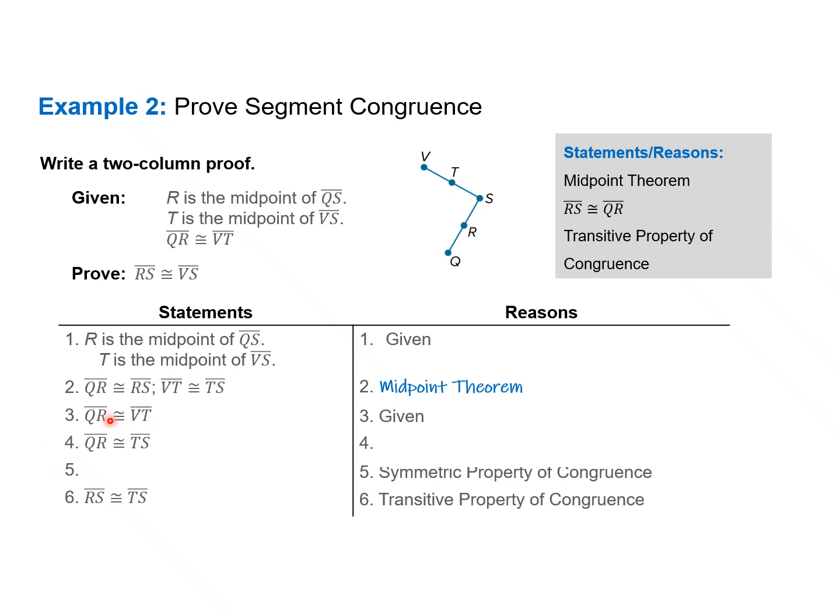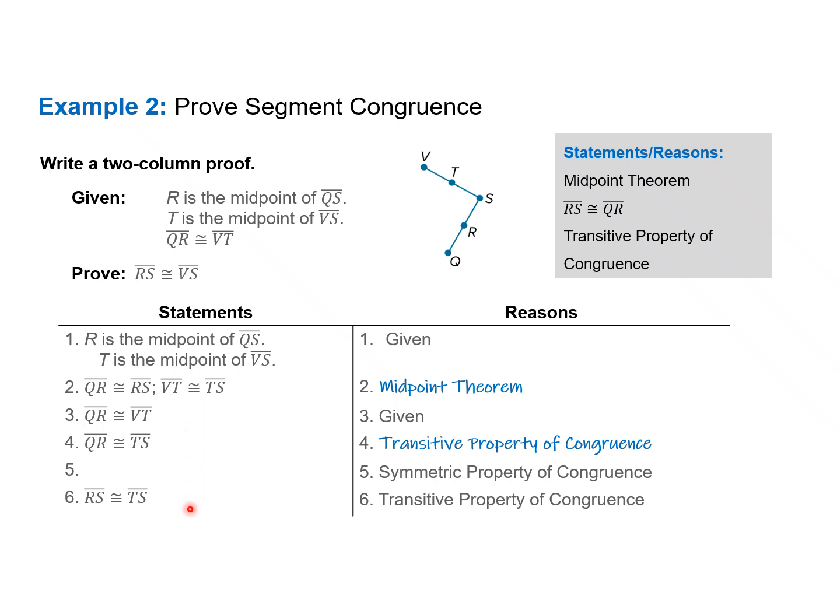Well, if we see here, VT is congruent to TS. And so therefore, where I had line segment VT, I can now place line segment TS. That is our transitive property of congruence. Because QR is congruent to VT, VT is congruent to TS, so I can say QR is congruent to TS.